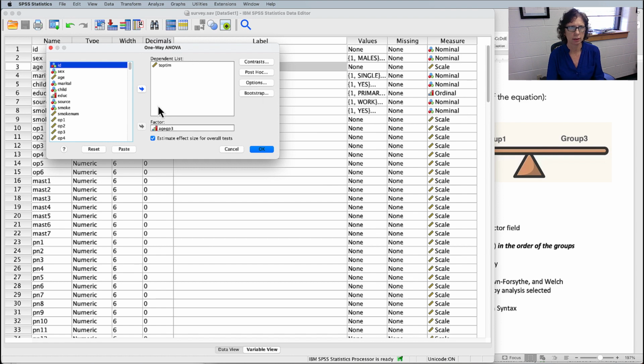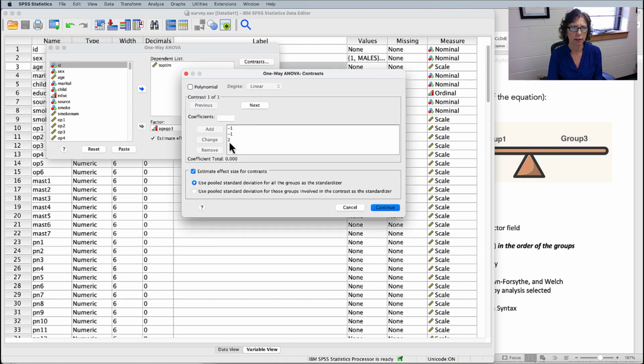Now, it has a lot of the information we already had in there. I'll go to Contrast and remove all of these. And this time I'll put -1 for the younger group, 0 for the mid-age group, and 1 for the older group.